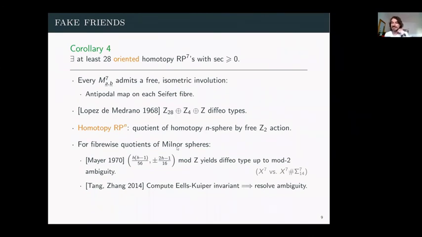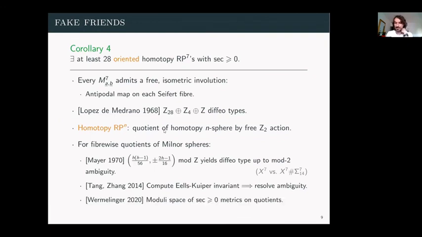So at least in the fiber-wise quotient of the Milnor spheres, that's 16 oriented diffeomorphism types, and you get 16 oriented homotopy RP7s. And the question is, well, for the other guys which are not bundles, do you also only get a single diffeomorphism type? That's something we need to work out.